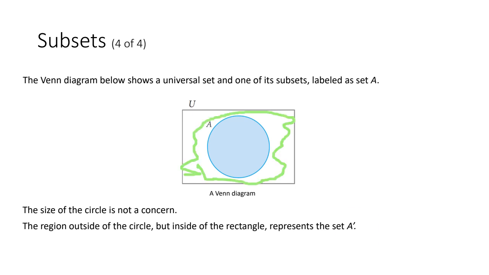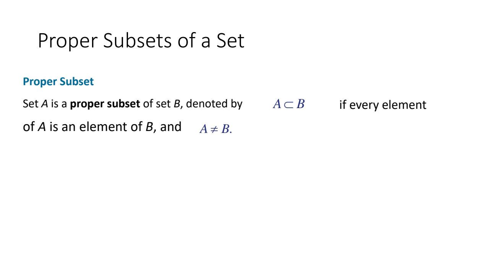One more definition, a proper subset. Remember, this right here looks a lot like that one, okay? The only thing that is missing is the line on the bottom, which represents equal. So in order to be a proper subset, the sets cannot be equal.